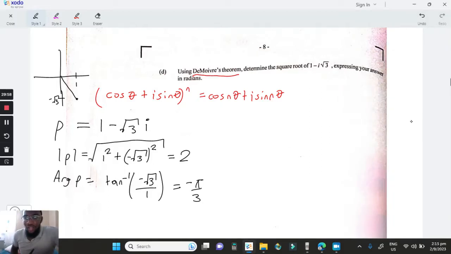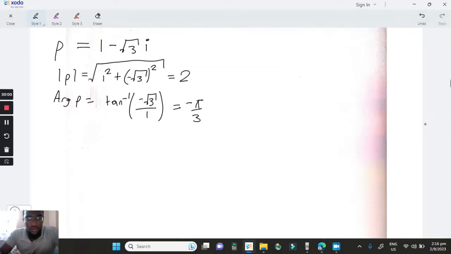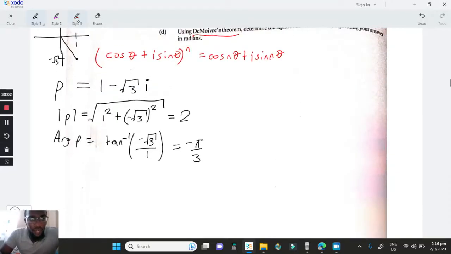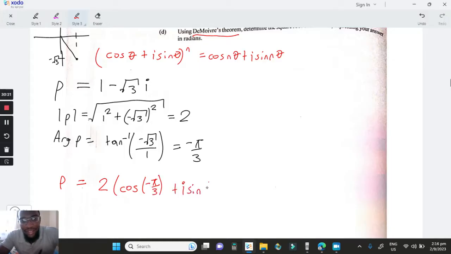So in that case, what is p? P is actually, in the form r, 2 in bracket cos negative pi by 3 plus i sine negative pi by 3.